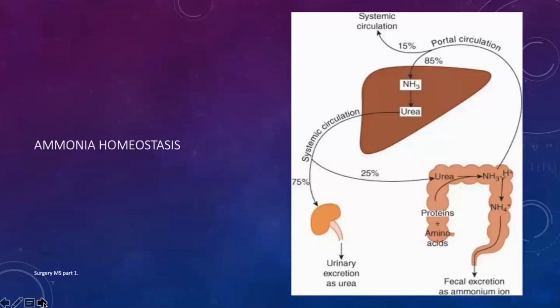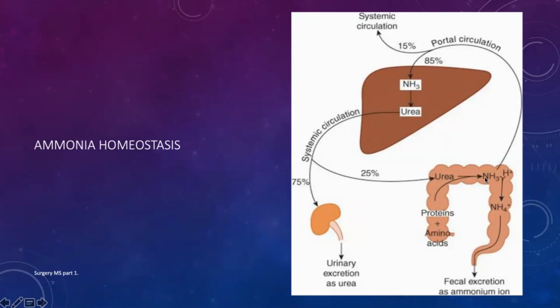So in ammonia homeostasis, as you know, ammonia is being produced during protein metabolism as a byproduct. There is also ammonia that is being produced in the bowel, which is circulating in the circulation.